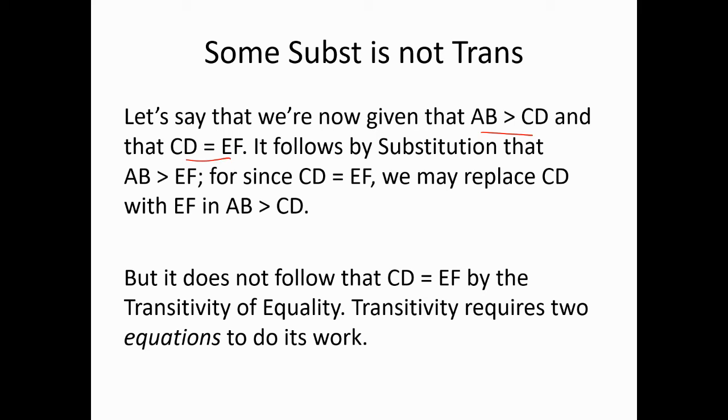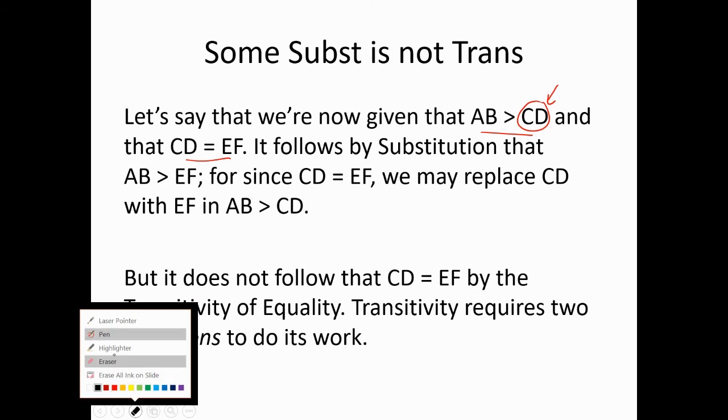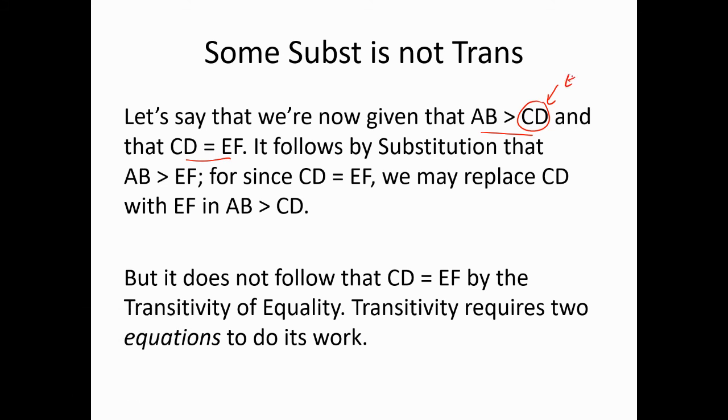Notice what we just did to get there: we took that inequality and replaced the CD by what it is equal to, namely EF, to get that AB is greater than EF. So this is definitely substitution, but it is not transitivity.